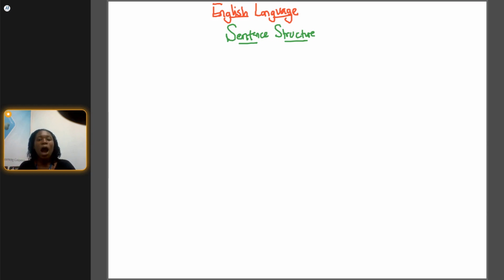Okay, so how to fill in the appropriate word, how to fill in the appropriate space is what we have been looking at. So, like I said, sentence structure is what we are majorly doing today. And then we are going to be looking at some things that would help us greatly when choosing the appropriate options for our empty space or for our filling the gap options.